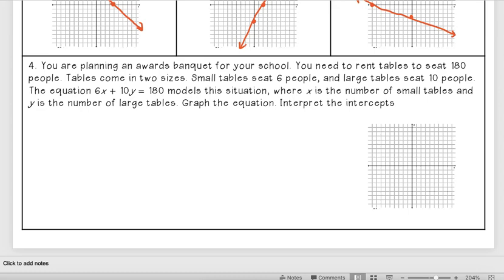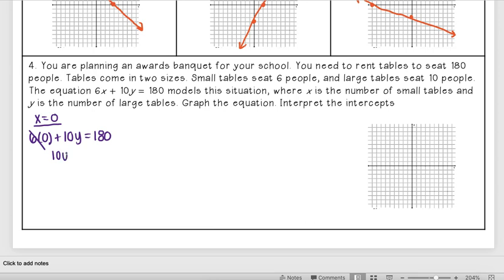Okay, so we're going to follow those same steps that we did in the last video. So I'm going to start with x equals 0 to find my y-intercept. So when I plug in 0 for x here, I have 6 times 0 plus 10y equals 180. Well, 6 times 0 is just 0, so that goes away.